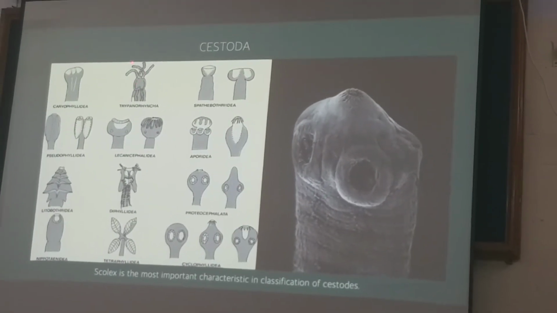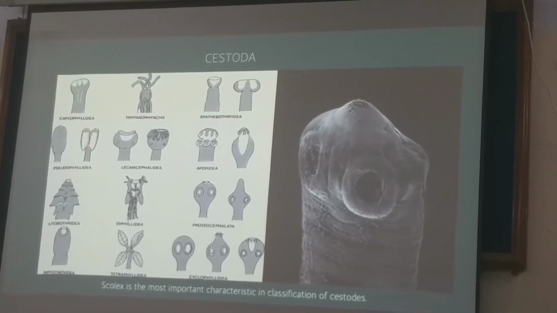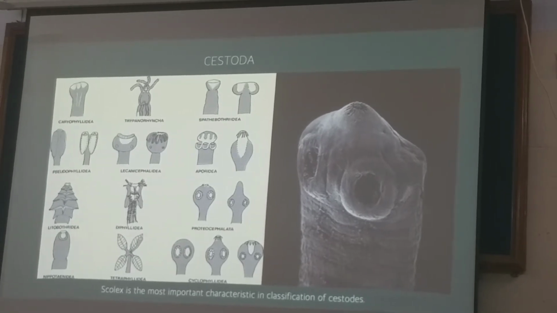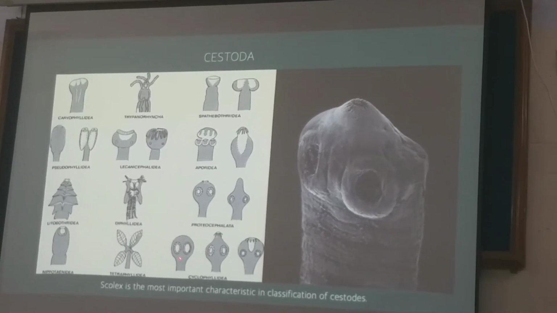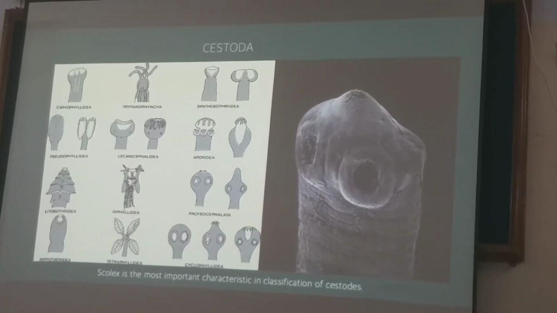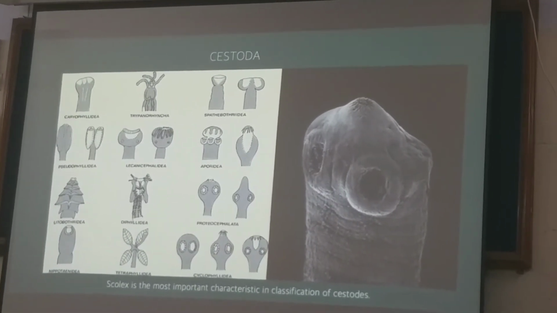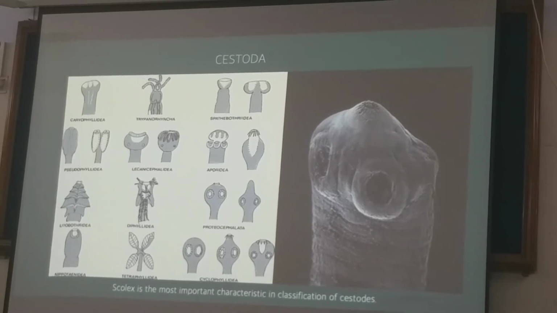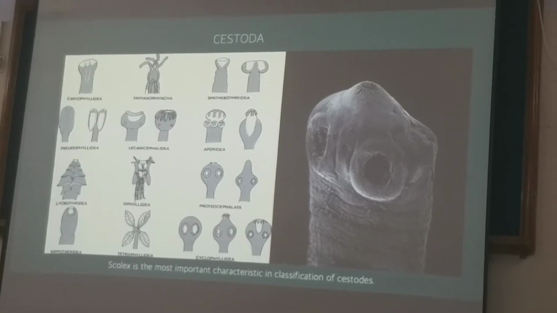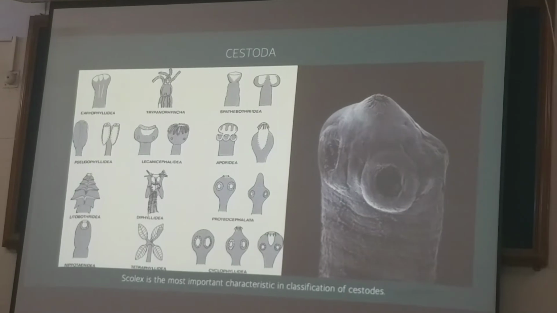Sometimes they have tentacles like this and four suckers here, and sometimes they have just a slit, a longitudinal line, and also some small suckers that look like a leaf. There are many different morphologies.